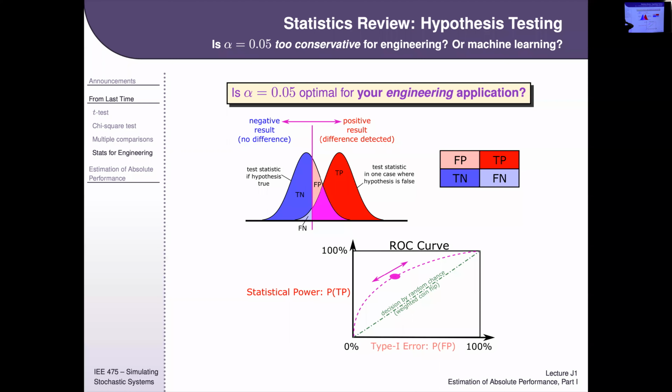You can say, well, I'm willing to tolerate a higher alpha, because you want to find as many differences as possible. The downside of a low alpha is there will be potential optimizations buried in the data that you might have detected if you had a higher alpha, but because you had a lower alpha, you say, I'm conservative here, that looks too close to the normal for me to really pursue.